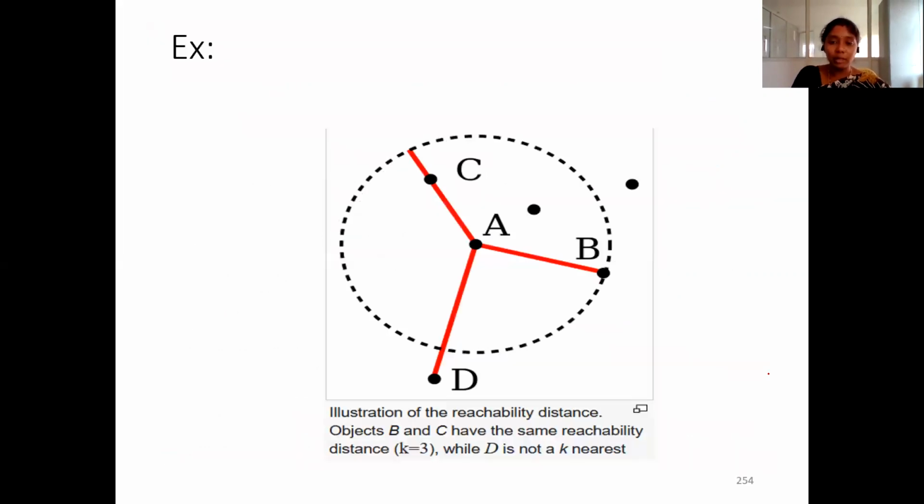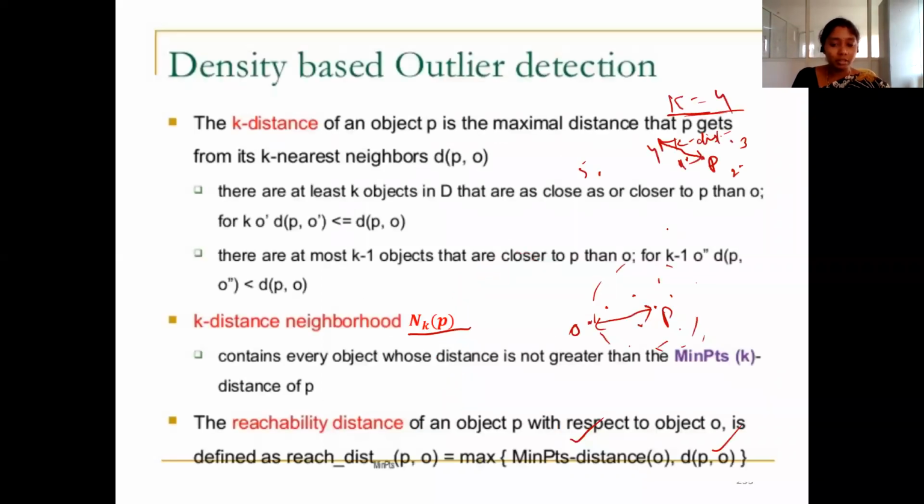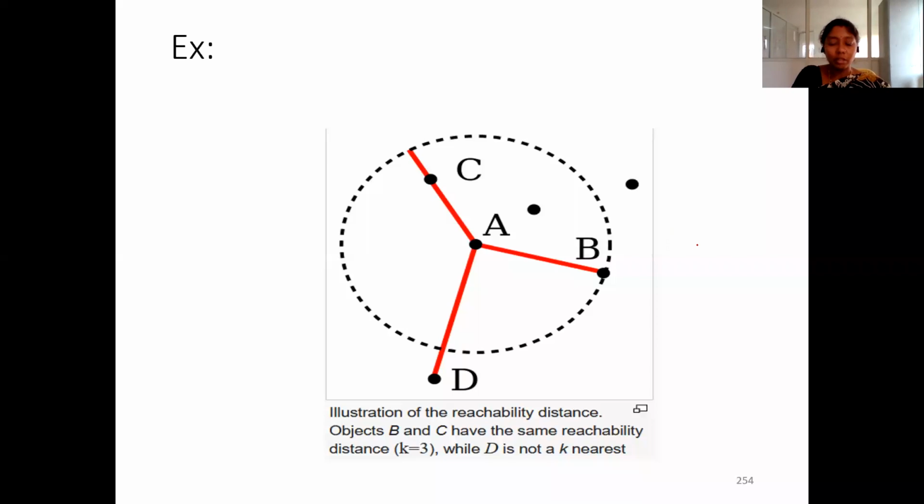Let us take an example. We need to identify the reachability distance of A with respect to C. Here is C and here is A. I want the reachability distance of A with C. So what is the formula?